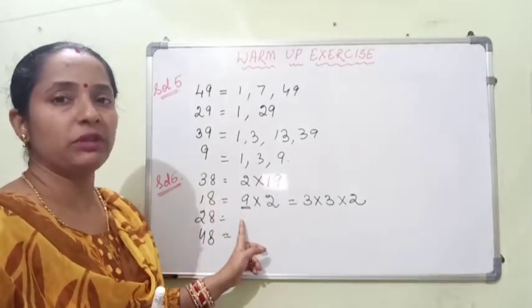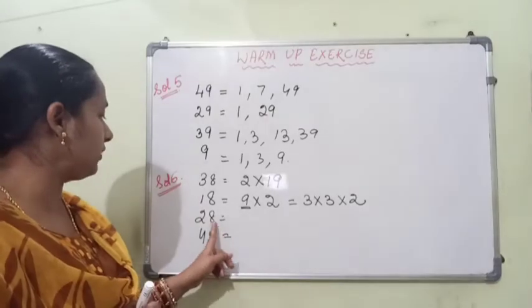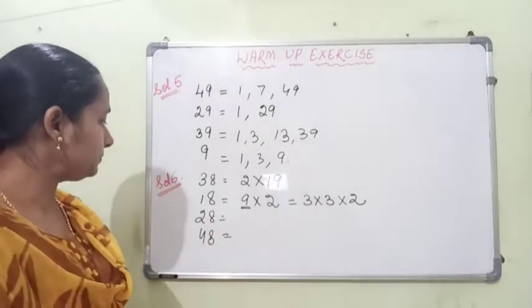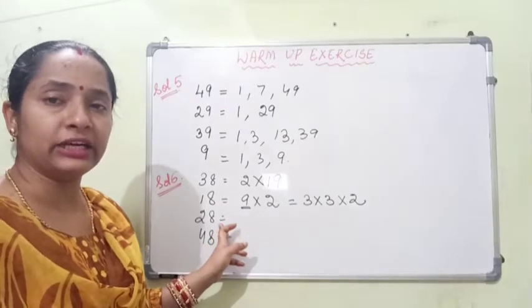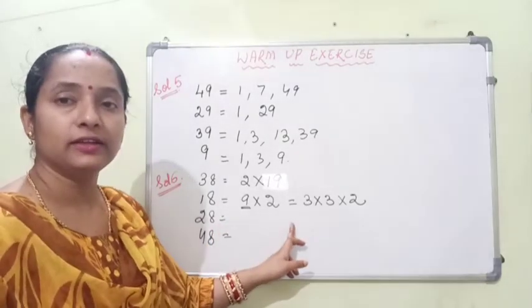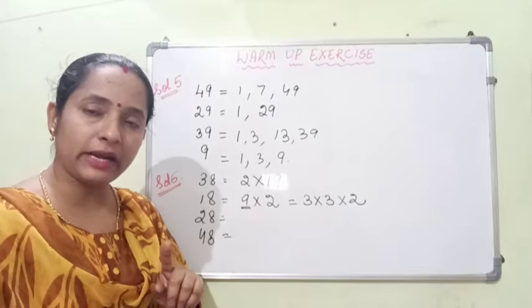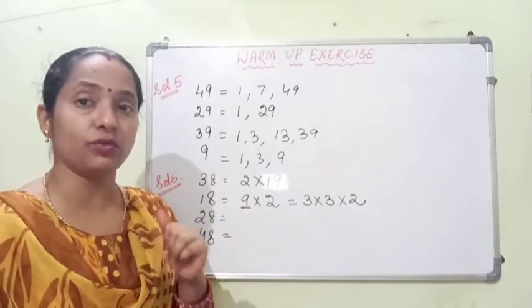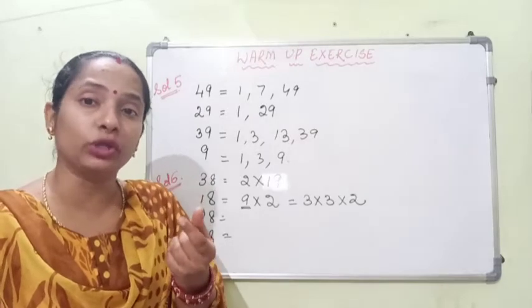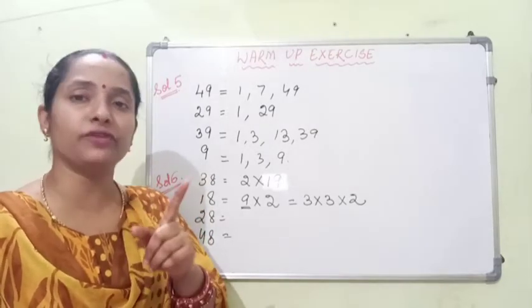So I hope similarly you can do for 28 and 48. Like you can write down 28 as 14 twos are 28, where 2 is a prime number but 14 is not a prime number, but we want prime factors. So what will we do? We will break 14 as 7 twos are 14.